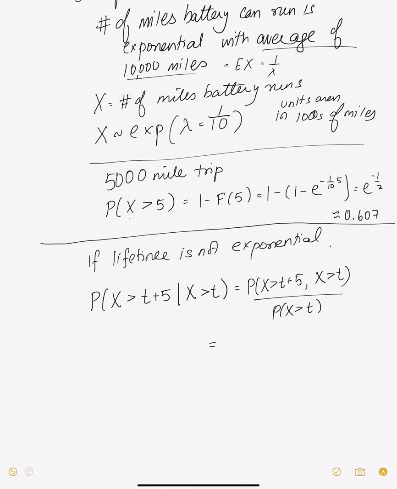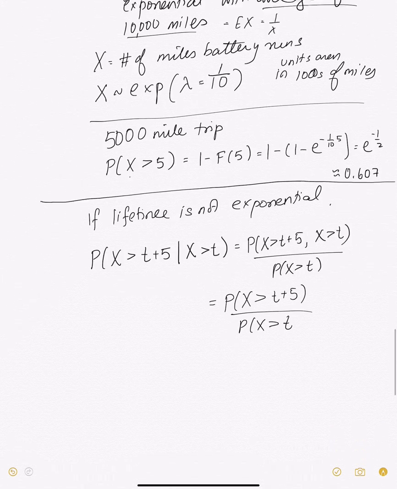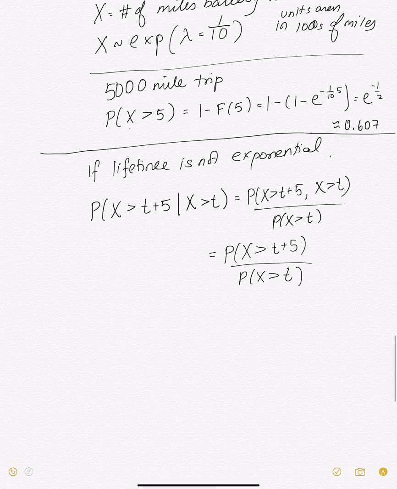Okay, the numerator intersection is simply the probability X bigger than t plus 5. The denominator is the probability X bigger than t. Okay. And you could write it down using the cumulative distribution function if you want.